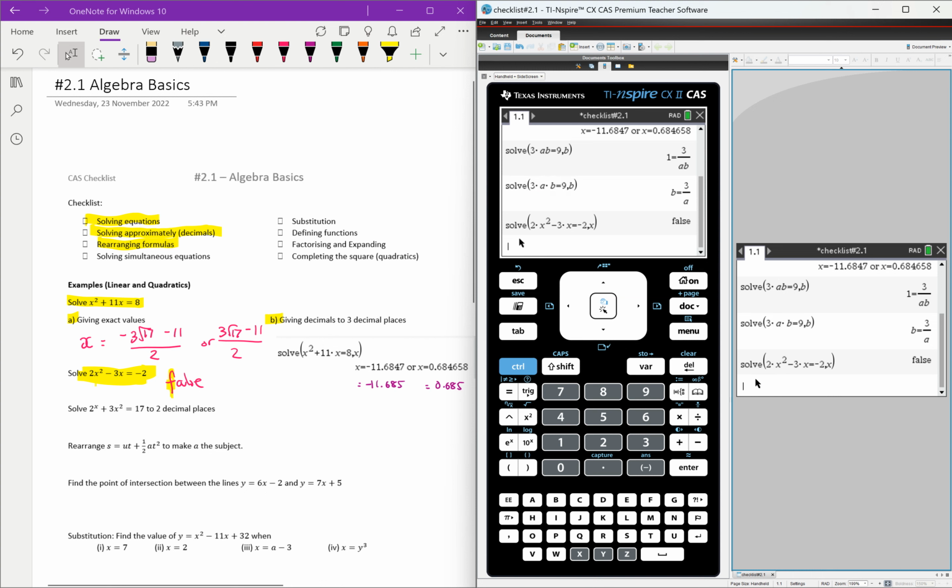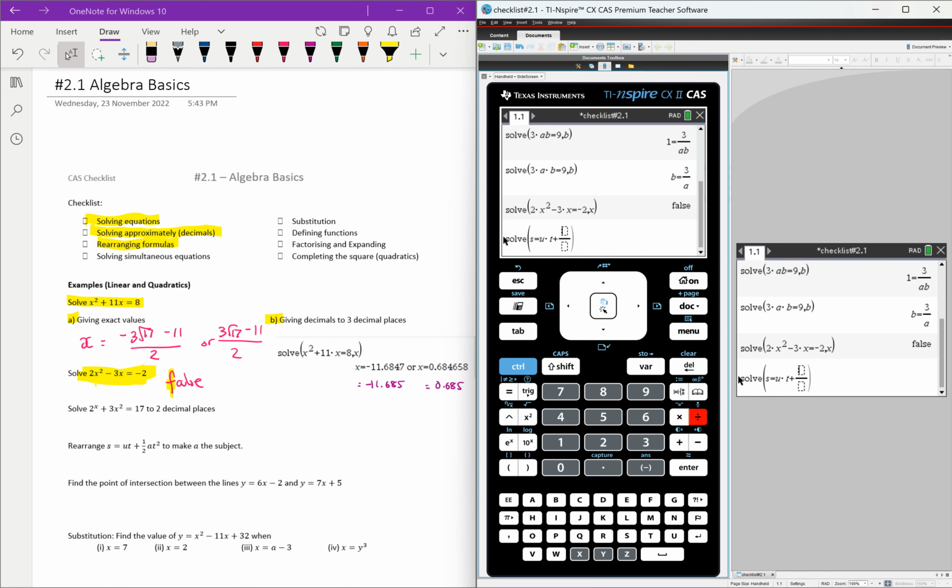So if I were to do that, again, menu 3, 1. I want to solve for S is equal to U. Now remember to put the times symbol between the two variables, U times T. If you don't do that, it's going to be wrong. And how do you do the fraction? Control divide gives me the fraction symbol.